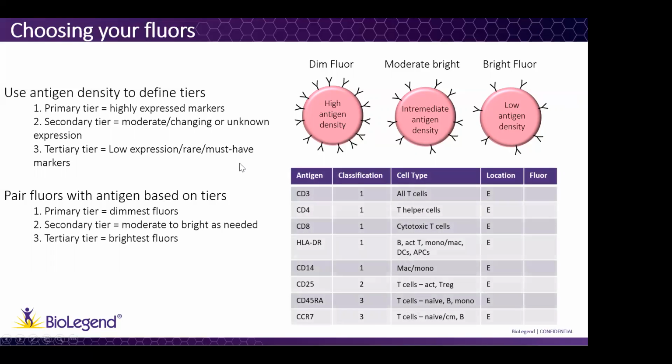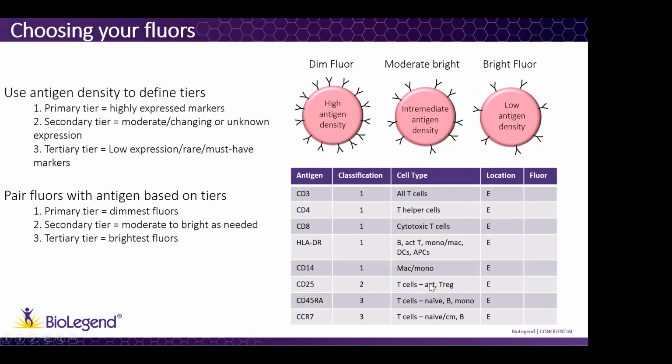And then just to keep your head straight, what is helpful is that you can design this kind of table where you list the different antigens that you are looking at, and then you organize them based on the tiers. So here's the classification. For instance, CCR7 and CD45RA are tertiary tiers. And then we have CD25, which is secondary, and then the rest of the targets in this table are primary tiers.